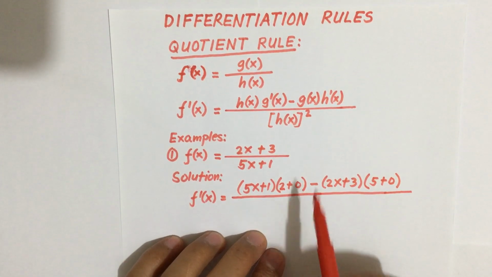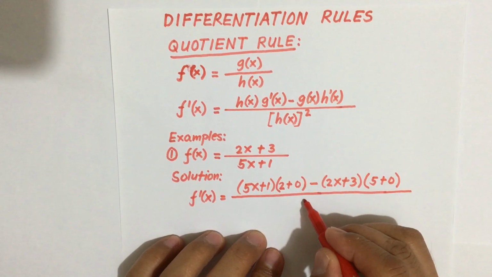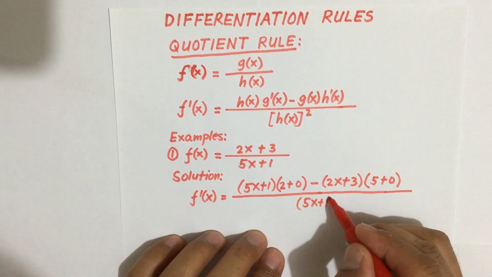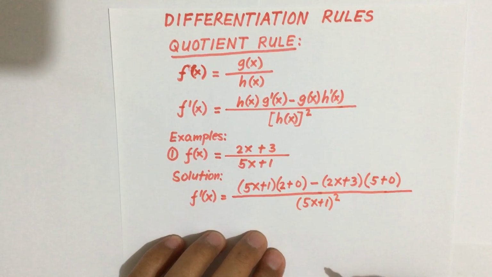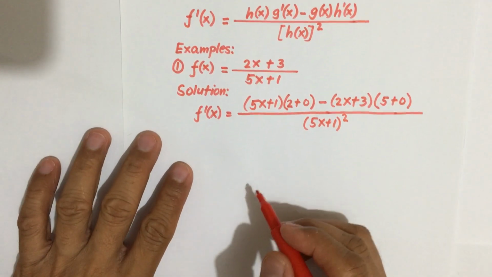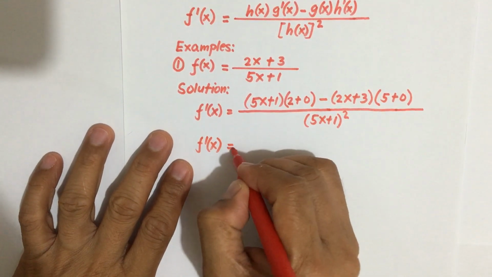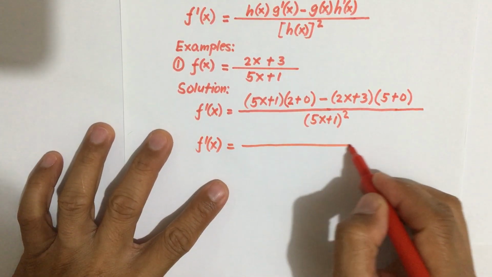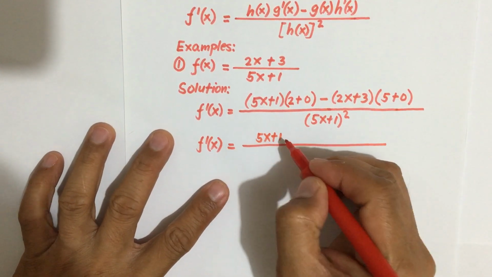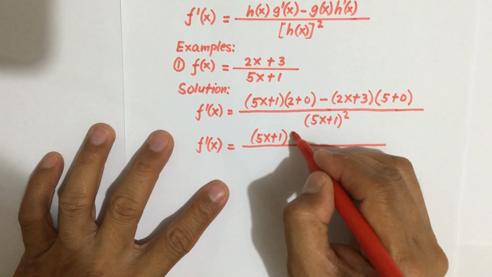And divided by the square of the denominator. So our denominator is 5x plus 1, then squared. Okay, then simplifying, we have f prime of x equal to 5x plus 1 multiplied by 2 plus 0, which is 2.